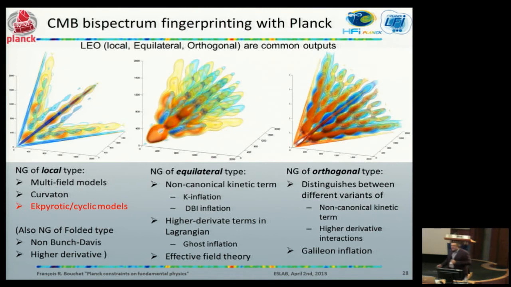So in other words, we can use these patterns as an indication of the class of theories that might be needed to go further than the minimal inflationary model. I thought that these are just the most common ones: the local, equilateral, and orthogonal. So in my bestiary, I call this Leo, and I will compare Leo versus non-Leo.